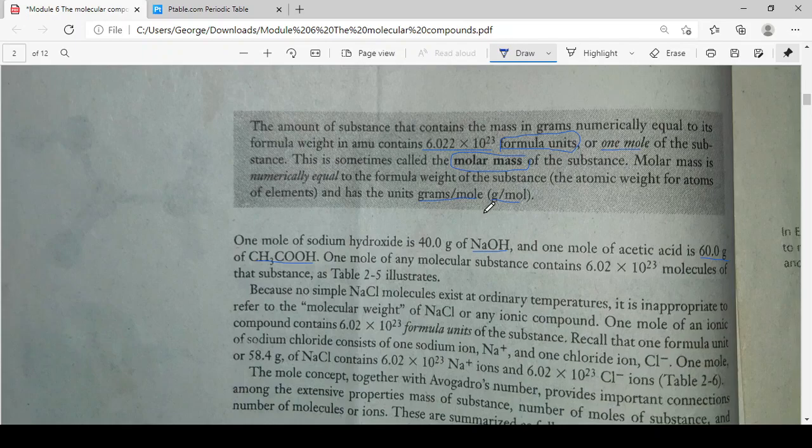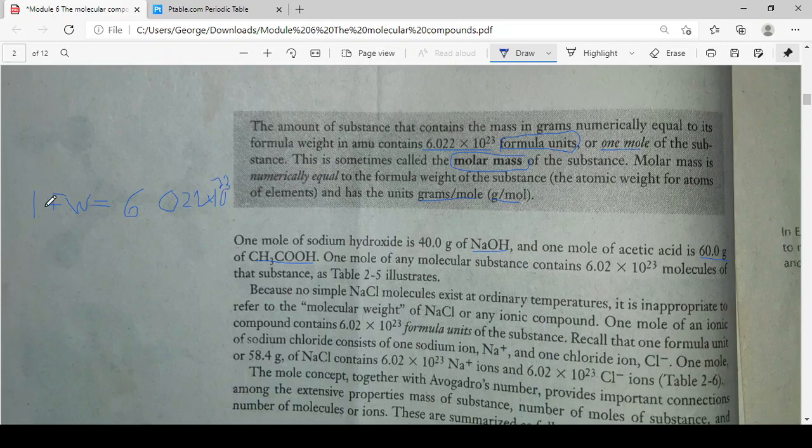So this simply means that the formula weight, or FW, of your substance is always equal and proportional to 6.022 times 10 raised to the power of 23, or simply 1 mole.